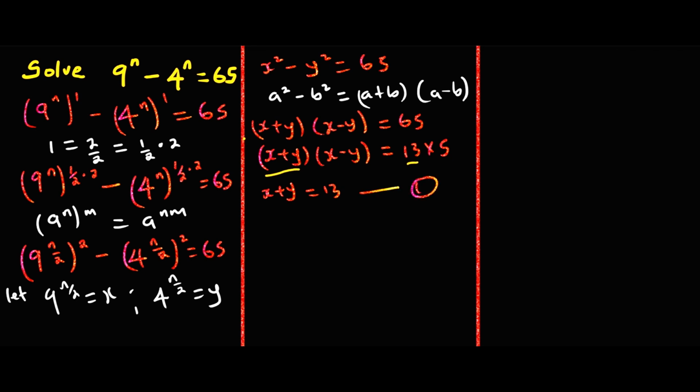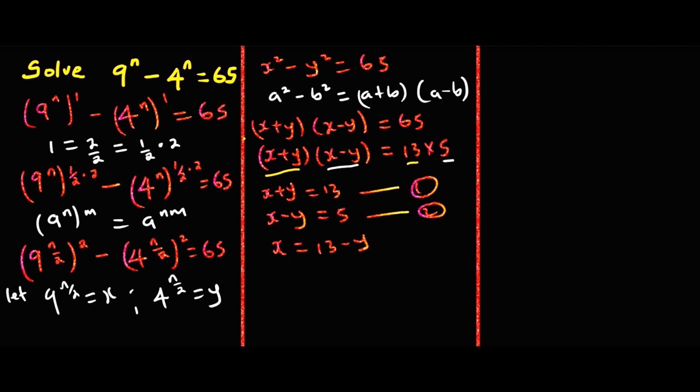And we can also compare the second portions. The second term in the left hand side is equal to the second term in the right hand side, so that we have x minus y is equal to 5, and we call that equation 2. So now we can solve for x and y using any of the methods. So from equation 1, if you were to use substitution, we would say that x is equal to 13 minus y.